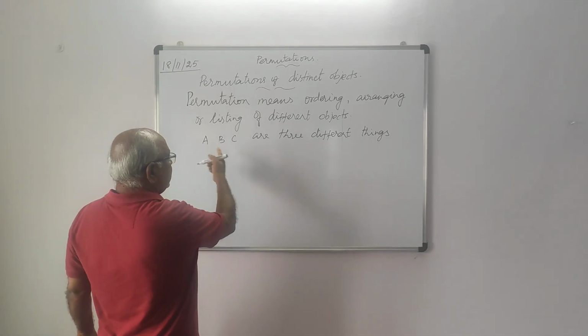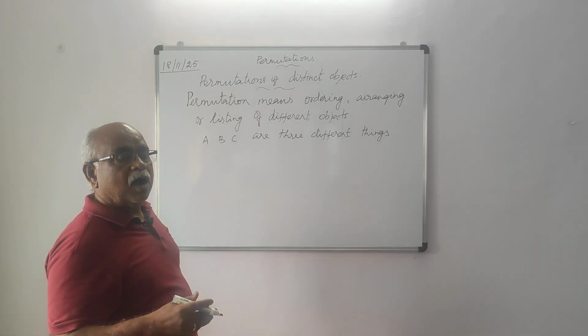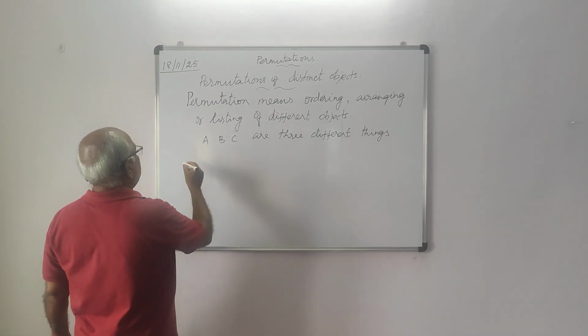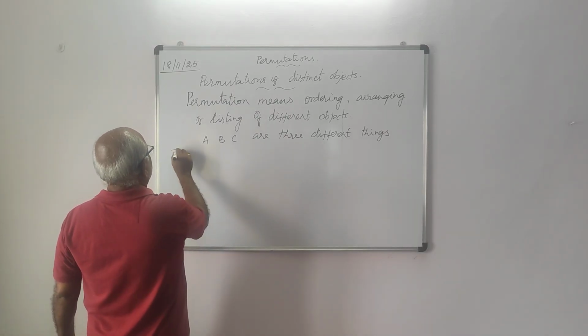These 3 things can be arranged in how many ways? The number of permutations of arranging 3 things.